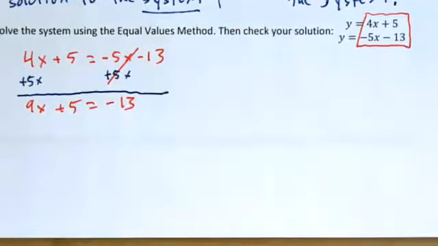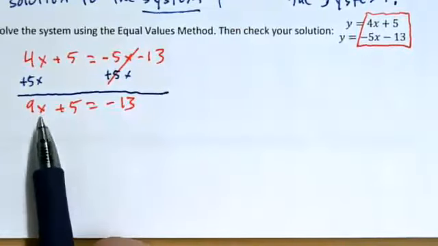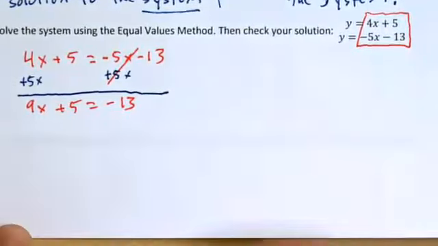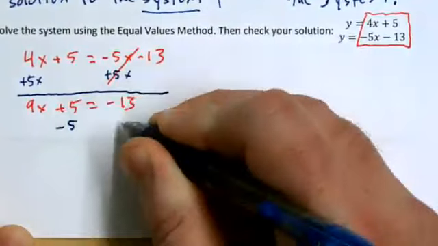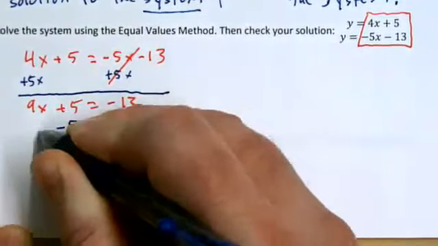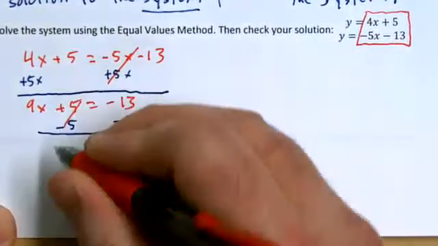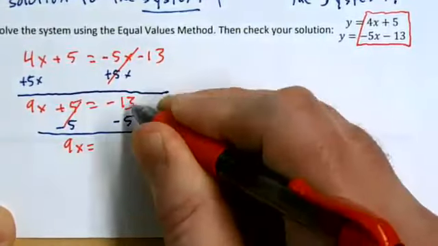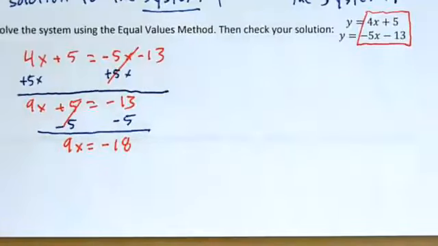Now I need to focus on the side of the equation with my x, which is the left side here, and I need to try and get rid of both these pieces, the 9 and the plus 5. So let's do a minus 5 on both sides. Those will cancel, so we've got 9x left over equals, that's going to be even more negative, negative 18.